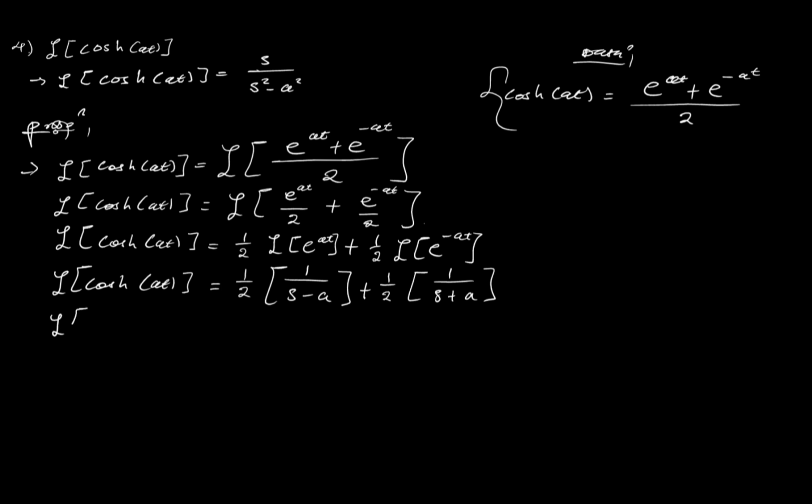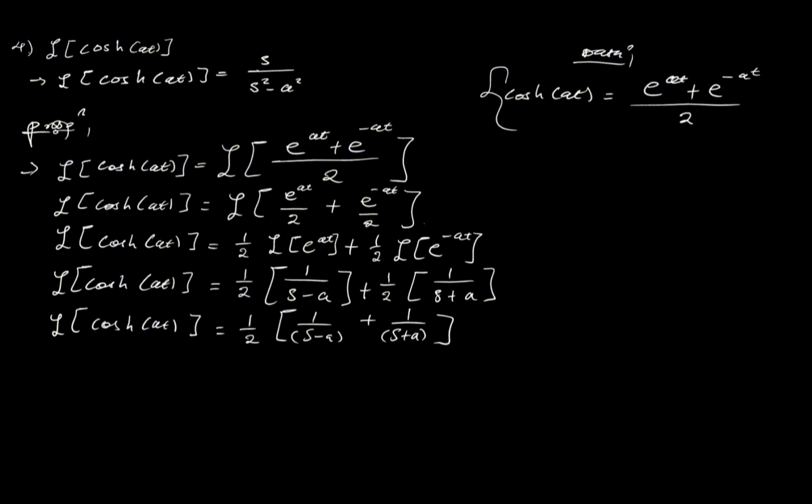The Laplace of cosh at is now equal to, we can factor out the 1 over 2, 1 over 2 times 1 over s minus a plus 1 over s plus a.